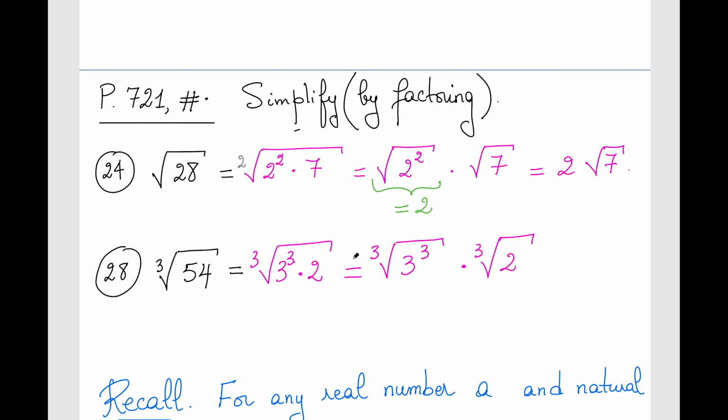I wish you would highlight these equalities because I'm just commenting. I'm not highlighting them here, but in your own notes, I wish that you actually highlight what each equality is, or why each equality is holding. So for example, here you may say, oh, this is holding because I'm using the product rule for radicals with the a in the product rule.